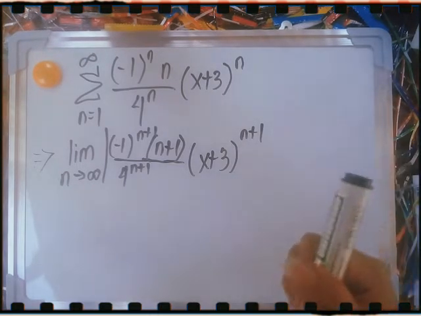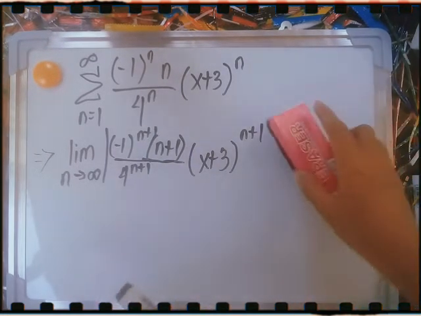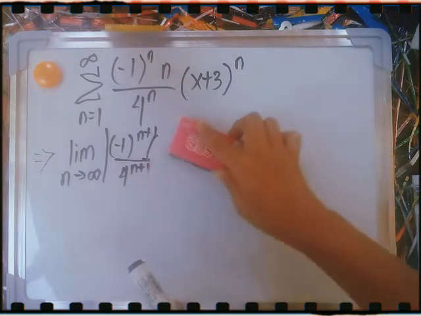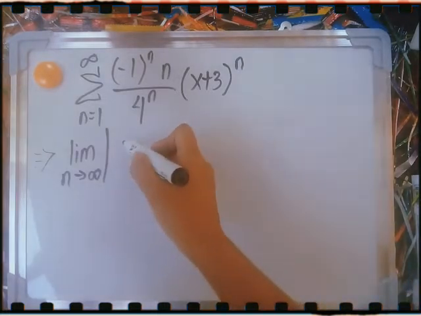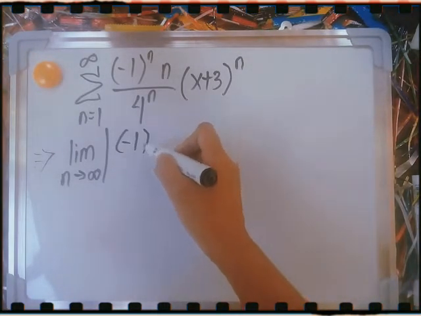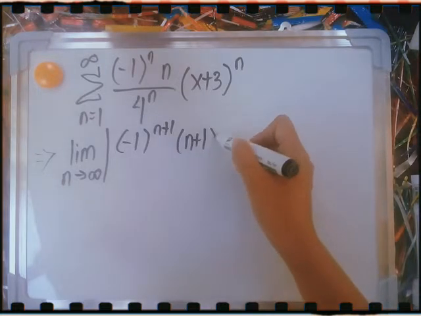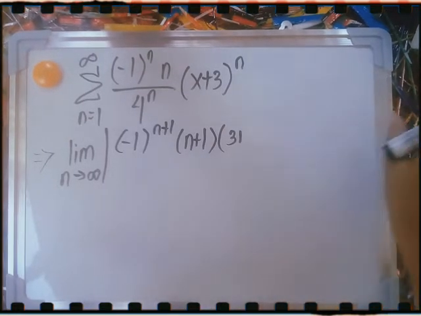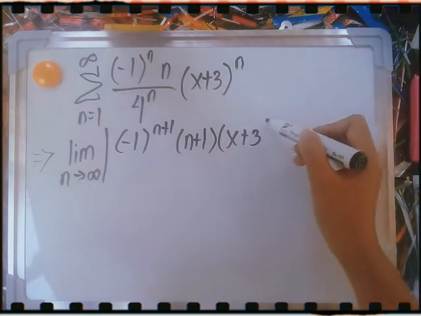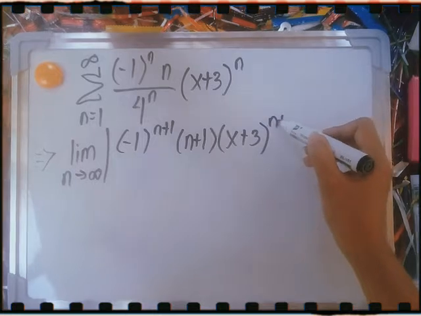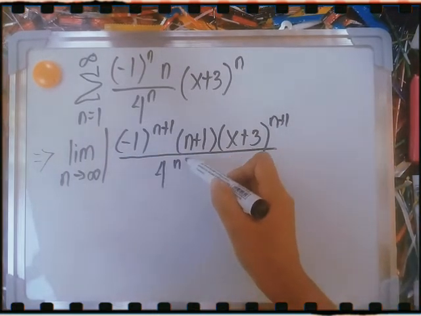So, here, so that we won't be confused, let's include this in the numerator. It's the same anyway. So, let's rewrite it. I have here negative 1 raised to n plus 1 times n plus 1 times x plus 3 raised to n plus 1 over 4 raised to n plus 1.